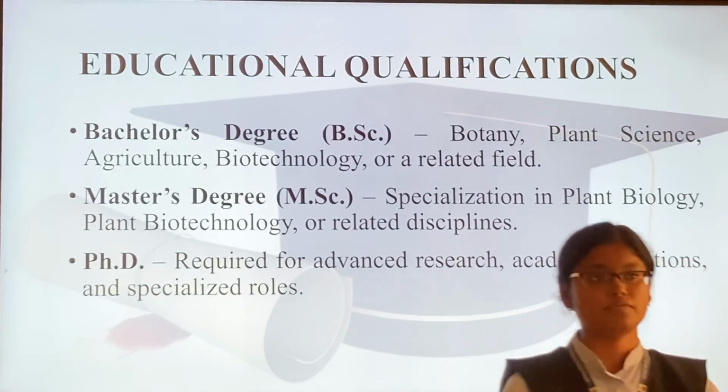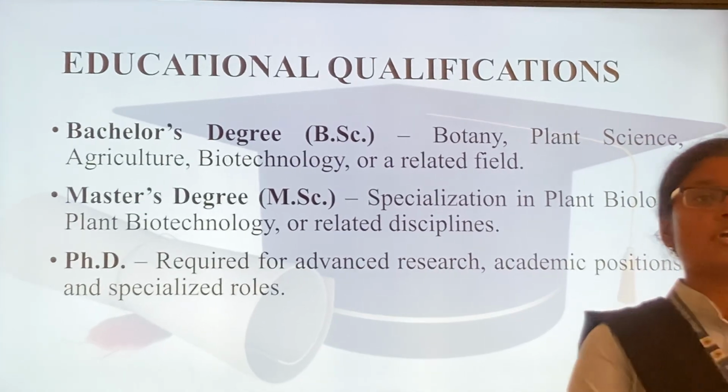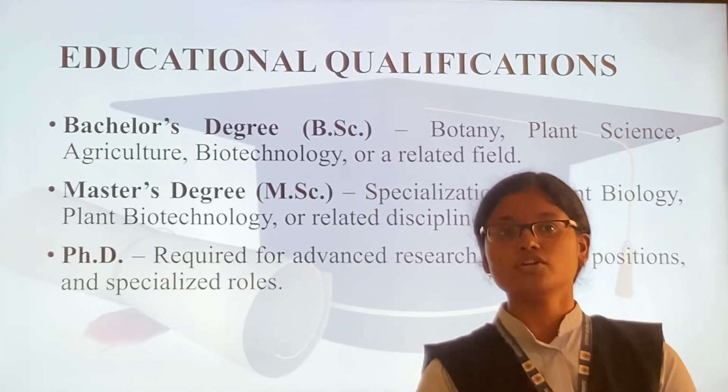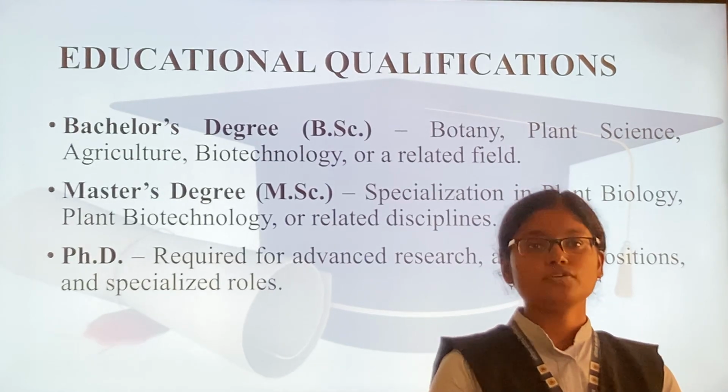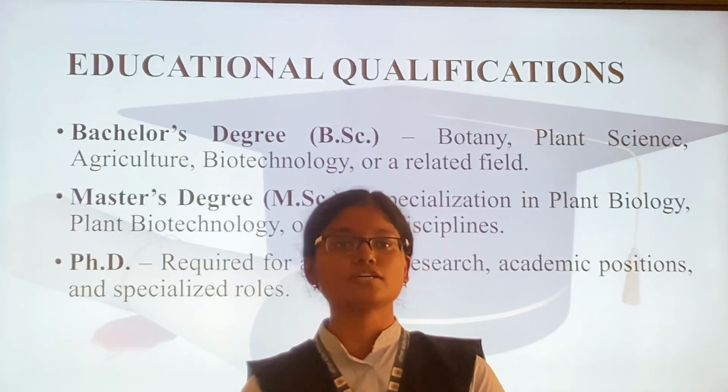What are the job requirements? First is educational qualification. Let's see from the base. To become a plant biologist, first in 12th class, you have to choose biology as one of your subjects. If you don't have biology as one of your subjects, then you cannot proceed with your career as a plant biologist.